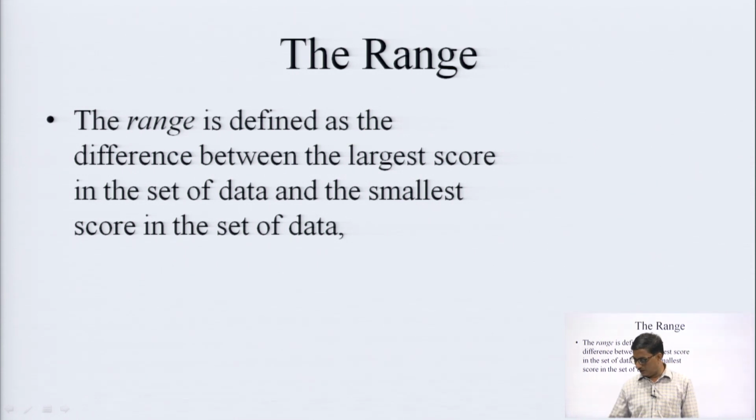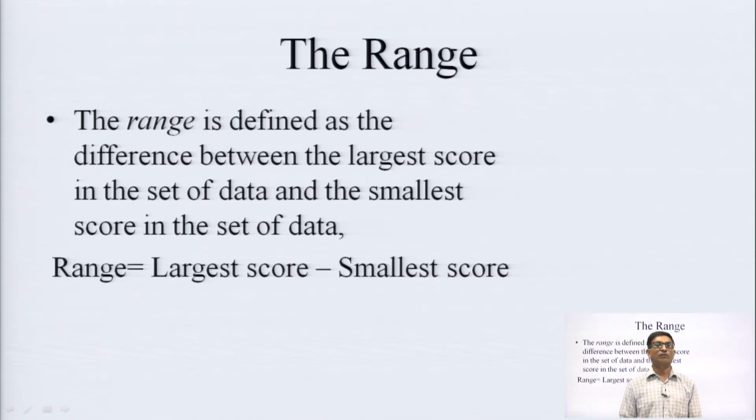So, the difference is called range. Range equals largest score minus smallest score. That means, range gives us the difference between the outliers. That means, we find the difference of the maximum value and the minimum value.